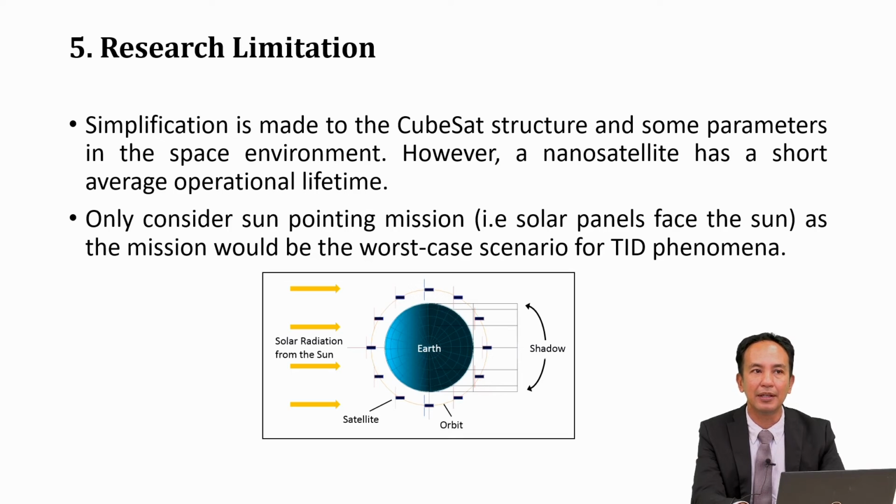Secondly, this work only examines an LEO mission where the solar cells of the solar panels point to the sun throughout the daylight period and point to the earth while in shadow. However, in selecting this mission, we consider that the mission would be the worst case scenario for the TID phenomena that could affect the current CubeSat model that we use.